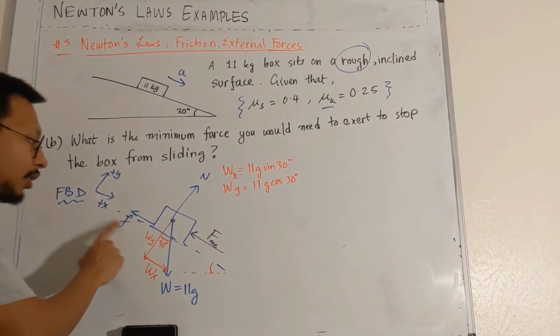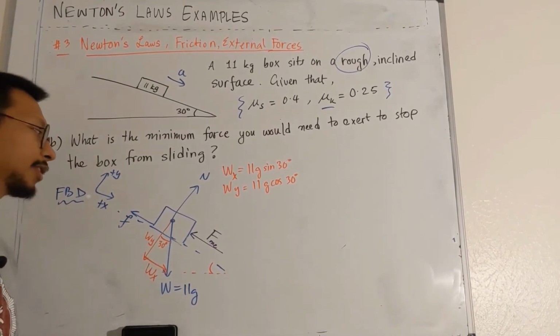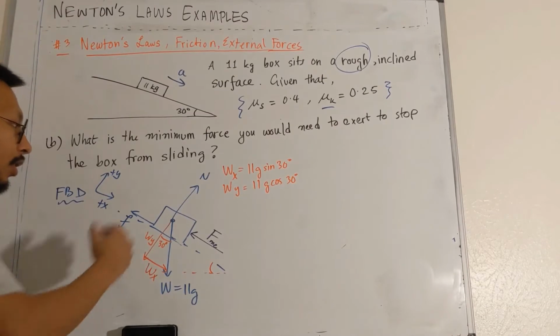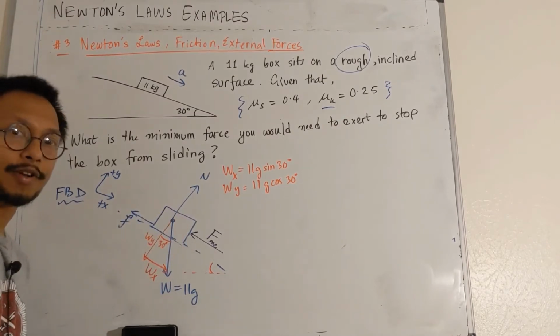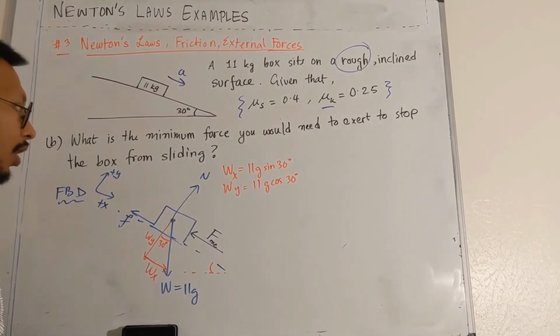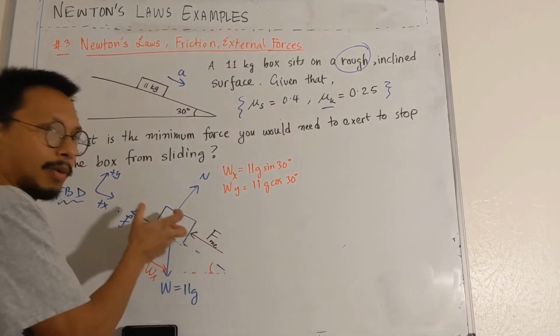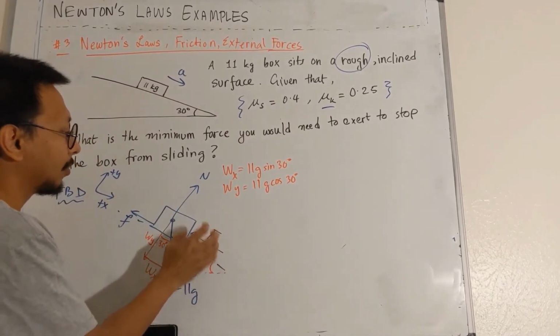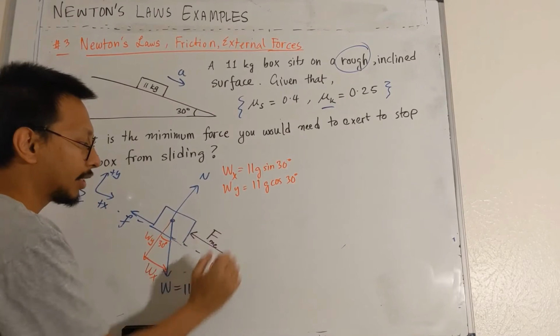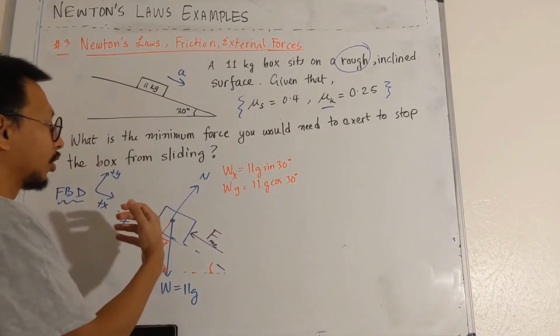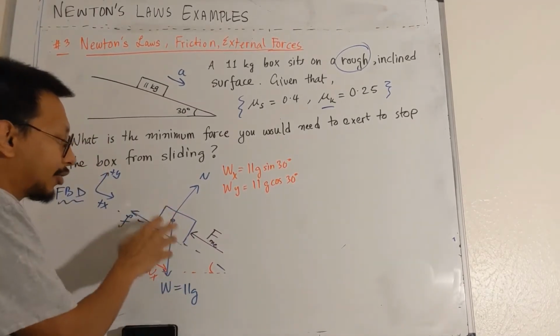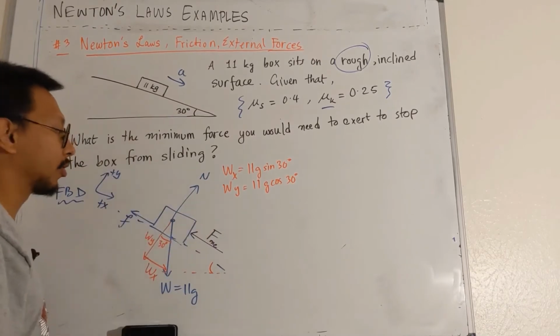Now think about what this friction would be. Would it be static friction or would it be kinetic friction? Well, you are actually trying to stop the box from sliding, and we want the minimum magnitude of F me that would actually stop this box from sliding down the slope.